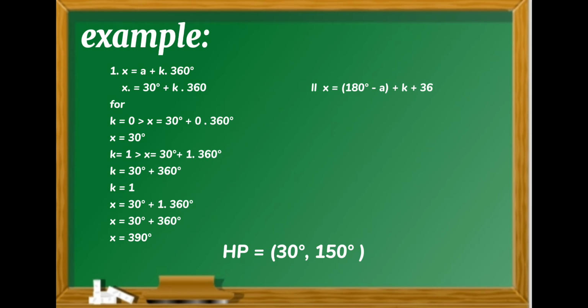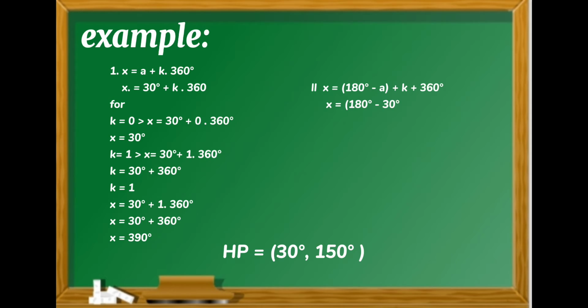This is not in the range 0 to 360, so x equals 390 degrees is not in the solution set. It means we can only enter the solution with the two formulas.